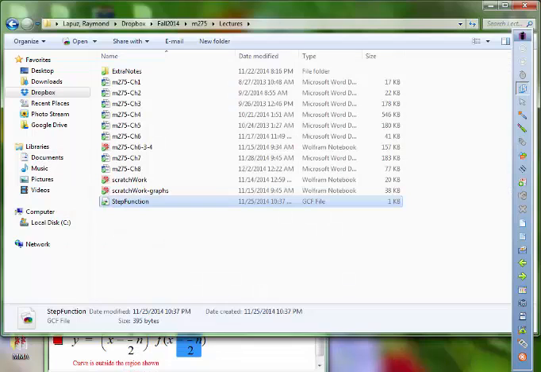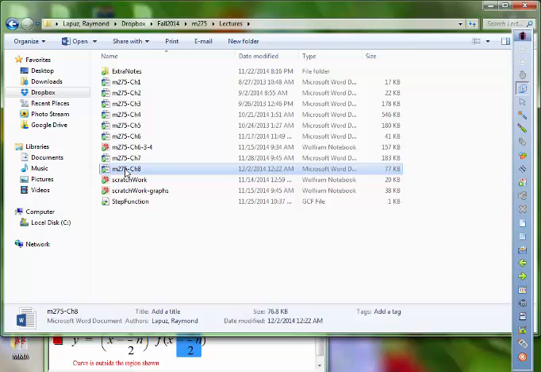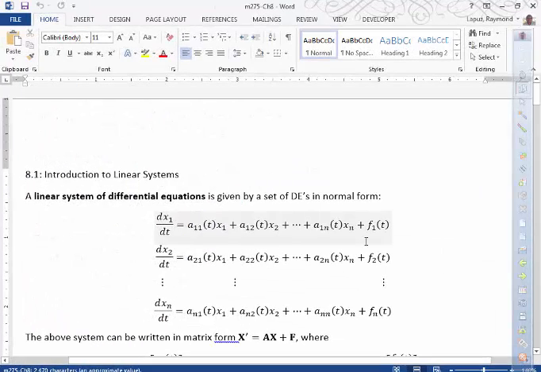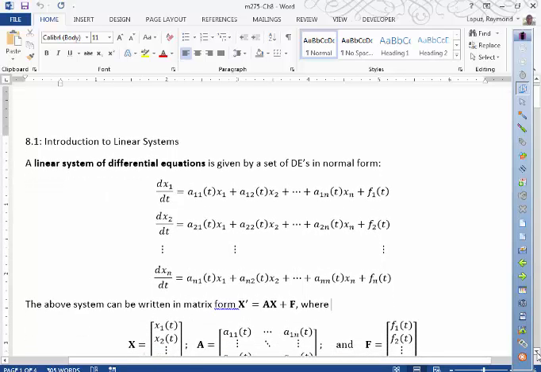Where's 8.1? So 8.1 introduces us to a linear system of differential equations. That looks like this.